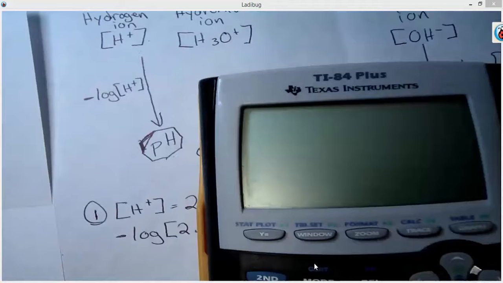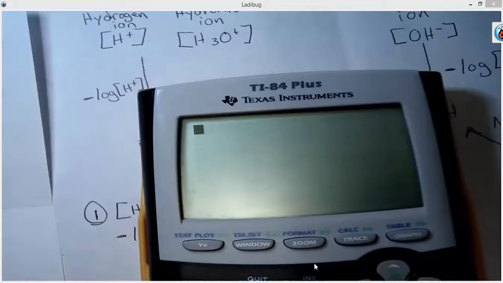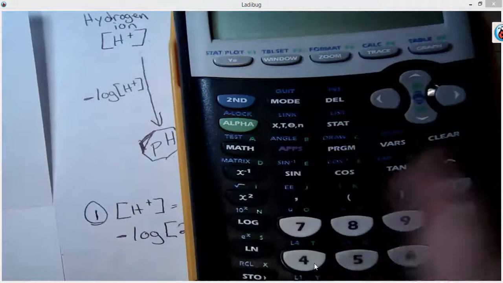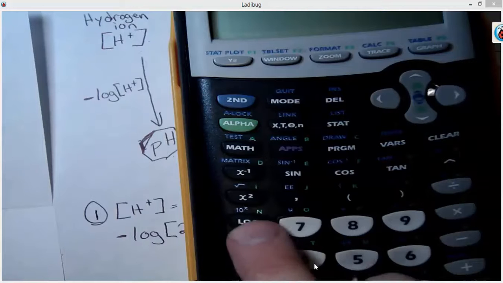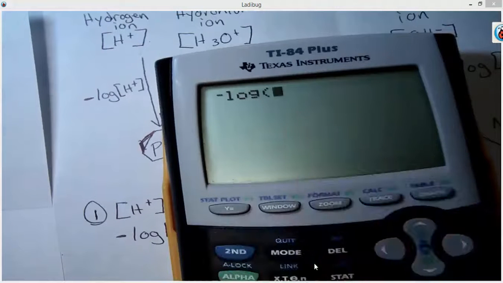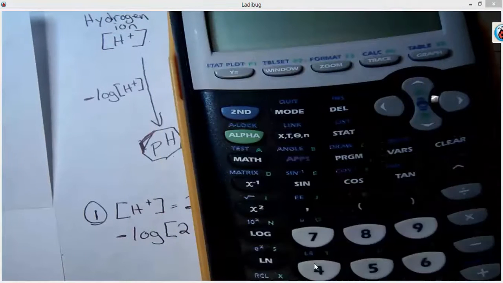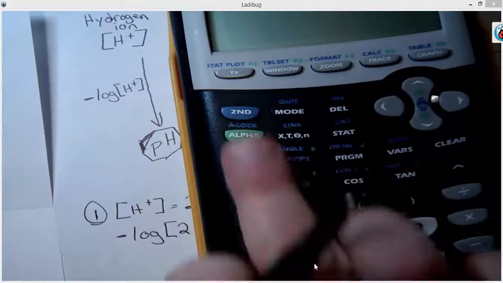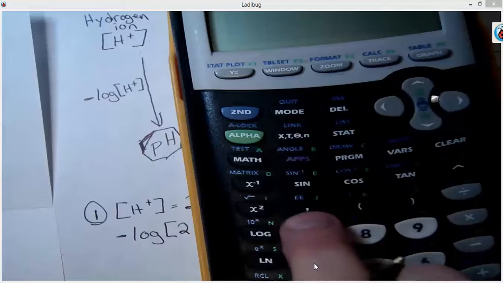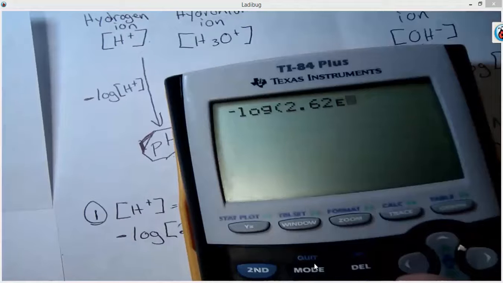Turn on the calculator. So the negative button, and then the log button, that one right there. It gives you log and opens up the parentheses. Then we put in the 2.62, and then remember how we did scientific notation? The easiest way was to hit second and then the comma, giving you the double E, the big E. Then we put in the exponent, which was negative 3, and then hit close parentheses.